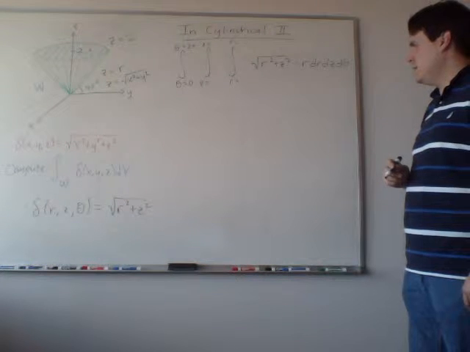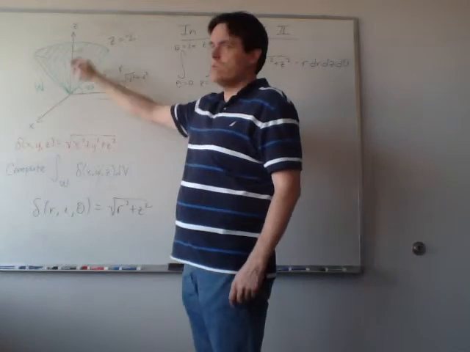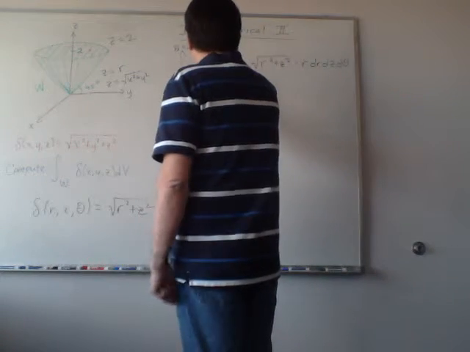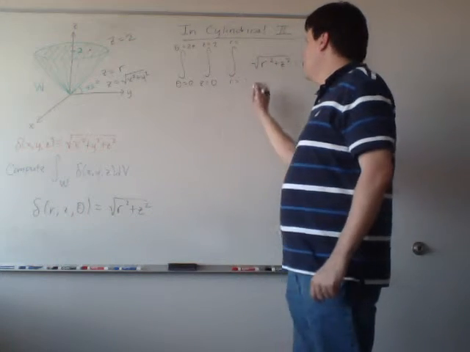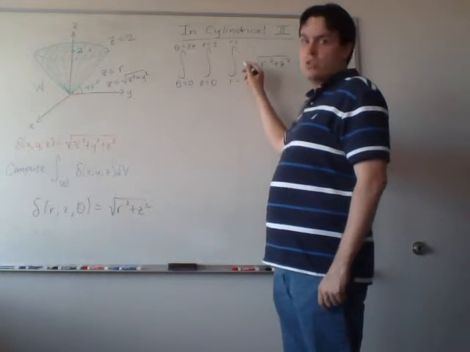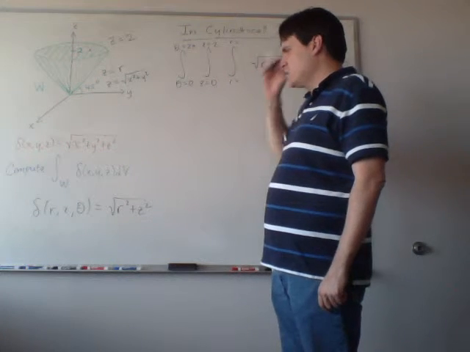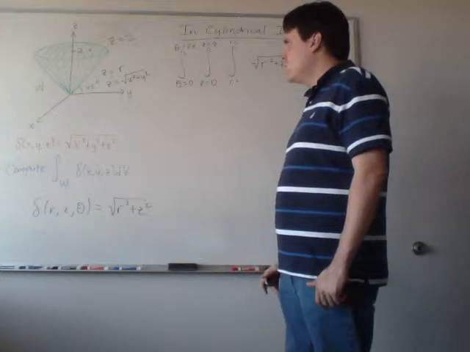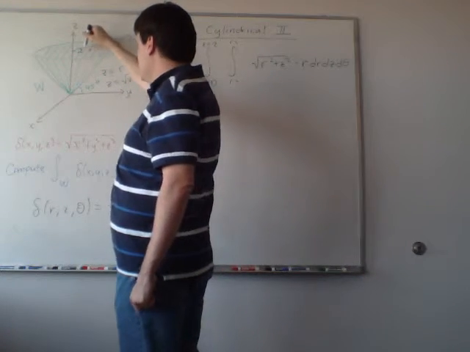So this time, let's see if we can figure out what z is doing first. Z appears to be going from 0 to 2. Those are the possible values of z. So I think that's fine. Again, I can't just have r going from 0 to 2 regardless of z, because that would give me a cylinder. So I need r to do something specific depending on what z is. Well, if z is 2, I know that r, the radius from the z-axis, goes from 0 to 2.